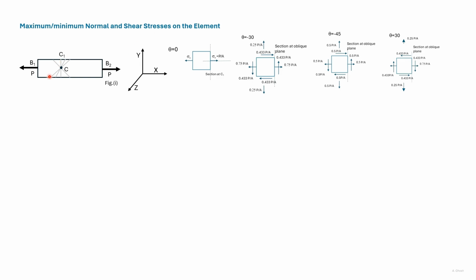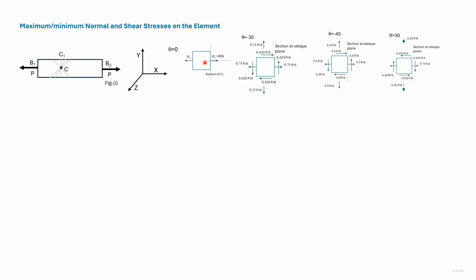We then considered different oblique cuts and the element at C with its face aligned with an oblique cut. This way, we could find the variation of stresses of an element at the point C as it is rotated.